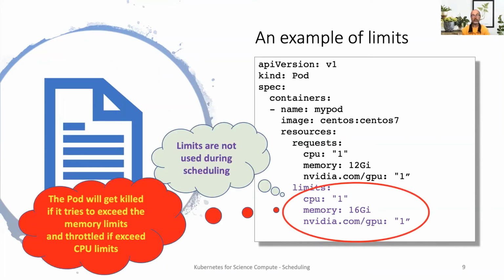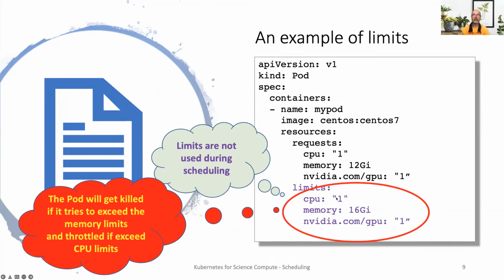So I still want to tell the system that would be great. And limits are not used during scheduling. If only 12 gigs available, 12 gigs will be all you will get. But this adds an additional precaution. My application will be allowed to go over 12 gigs of memory, but if I ever hit 16, I'll be killed.